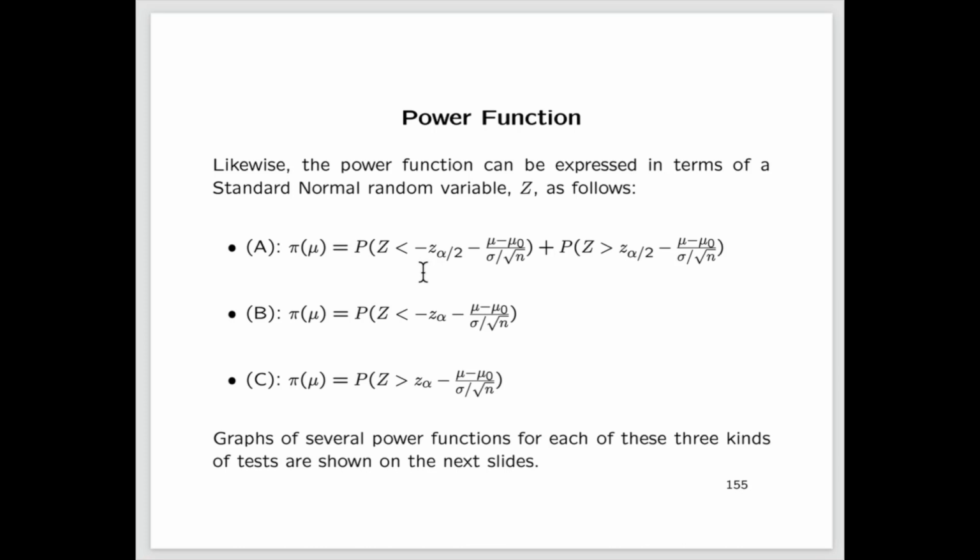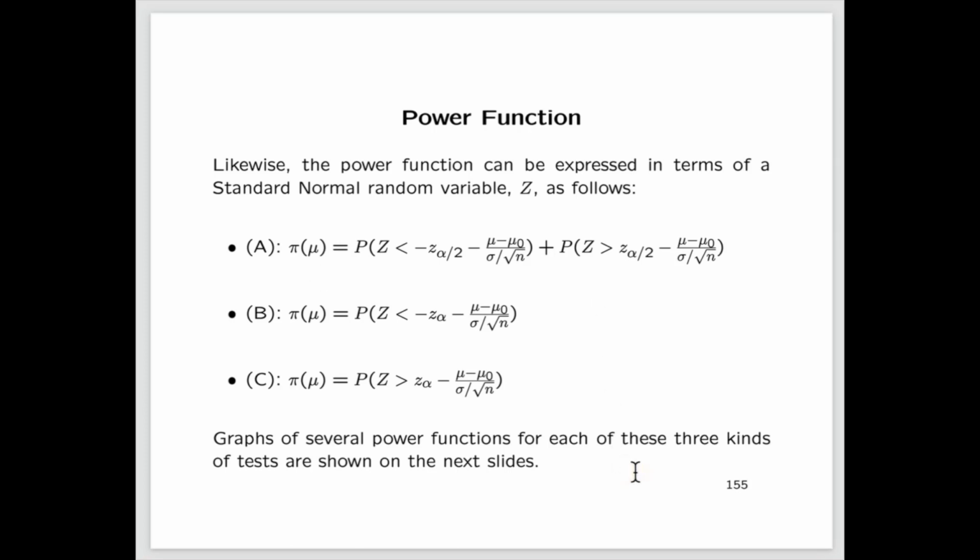And the other thing, like it was for the operating characteristic function, we can also see that power is not just a function of mu, but it's a function of several other quantities, in particular the significance level used for the test, the hypothesized value of mu, the population standard deviation, and the sample size. And so there are actually 5 quantities that the power depends on. But if those other 4 quantities are fixed, as they would be in a given situation, then the remaining quantity that the power depends on is mu.